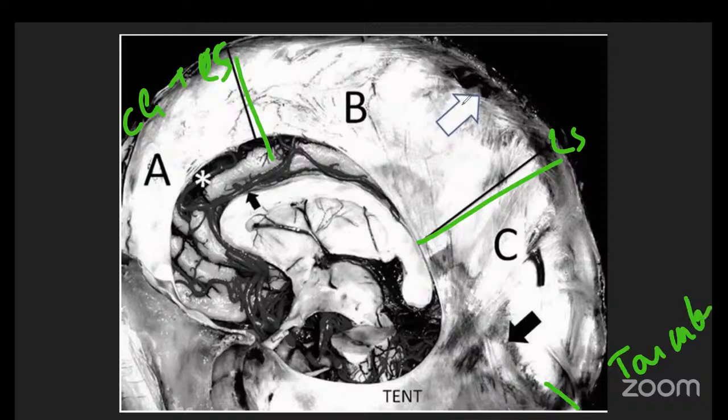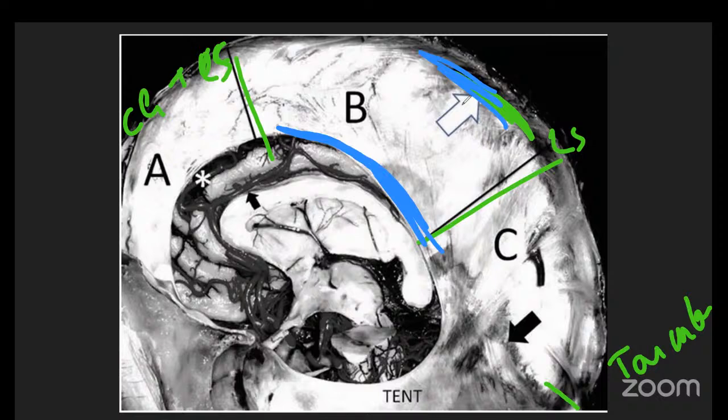The only difference is that parasagittal meningiomas usually involve the superior sagittal sinus here, right at the topmost border, whereas the falcine meningiomas can involve the superior sagittal sinus here, but if growing inferiorly, can also involve the inferior sagittal sinus, which is running in the free border of the falx.